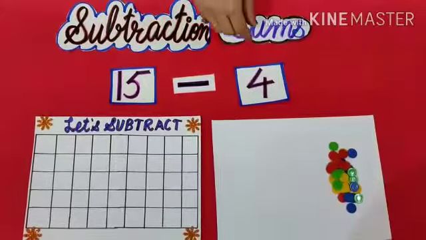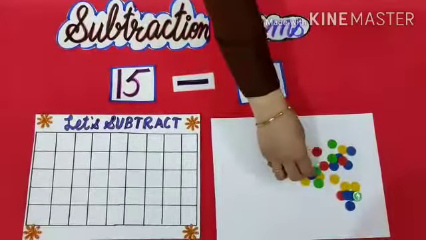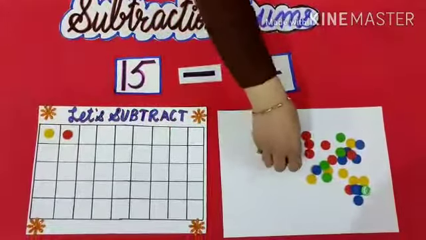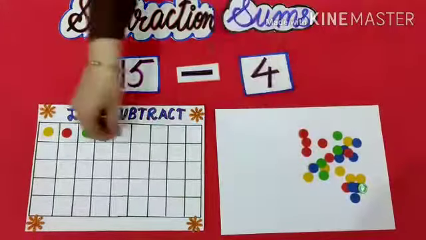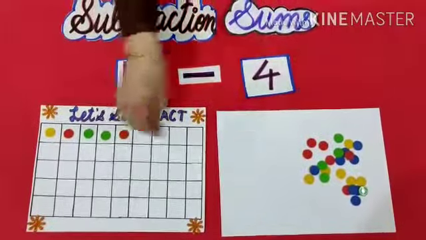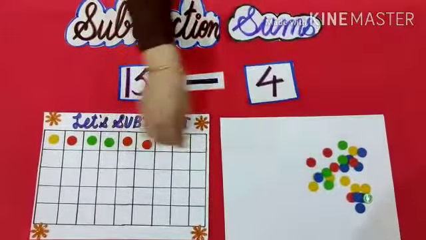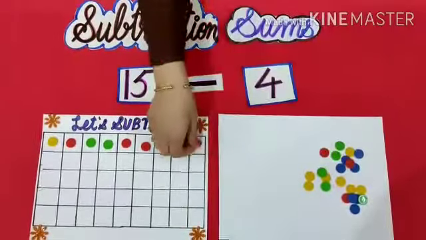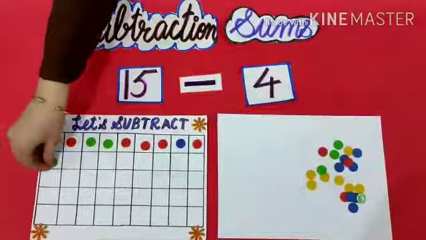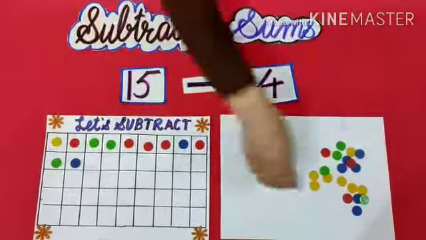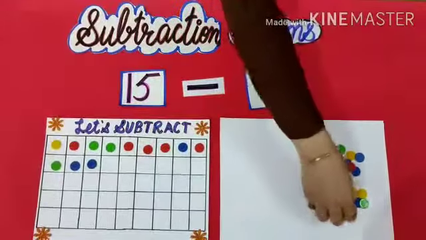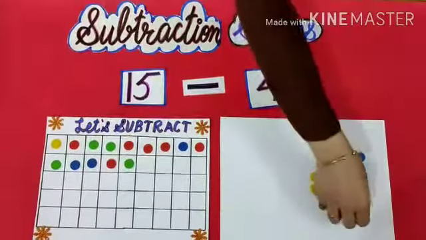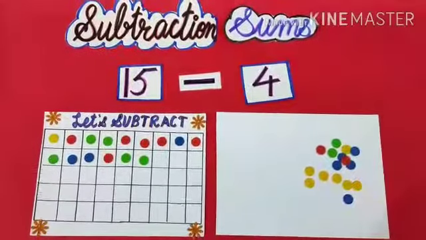First, let's place 15 counters here. 1, 2, 3, 4, 5, 6, 7, 8, 9, 10, 11, 12, 13, 14, 15.